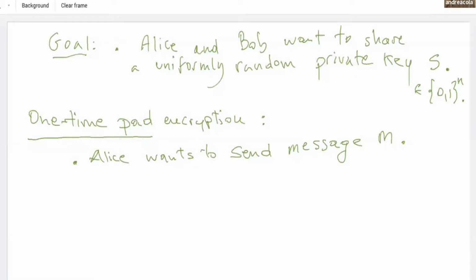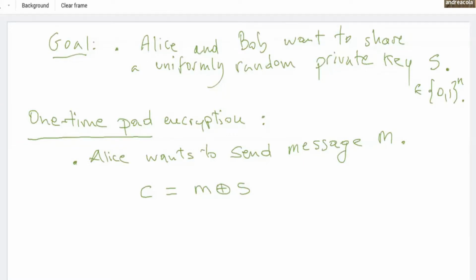Then Alice would create a ciphertext, call it C, of the same length as M and S. C, Alice would take to be M plus S, well, M XOR S.